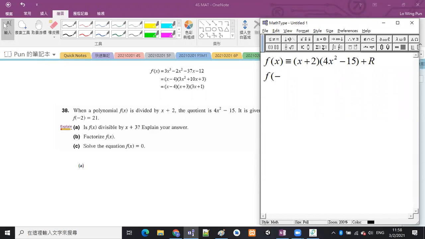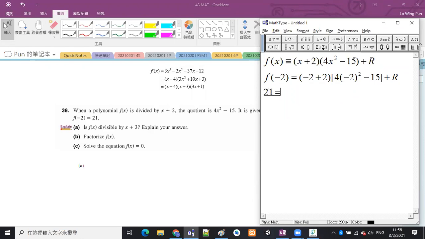So we calculate f(-2), which is calculated by (-2 plus 2) times (4 times (-2) squared minus 15) plus r. Left hand side is f(-2), but it is given that f(-2) is equal to 21.